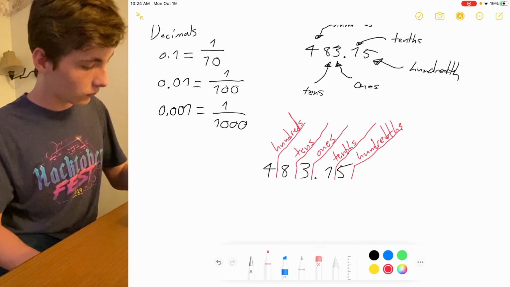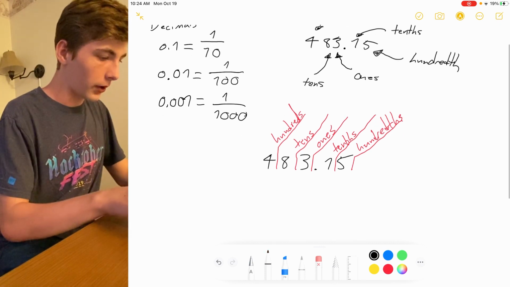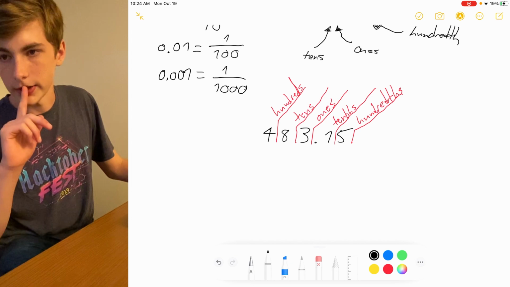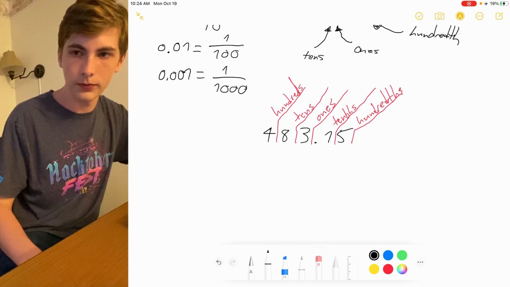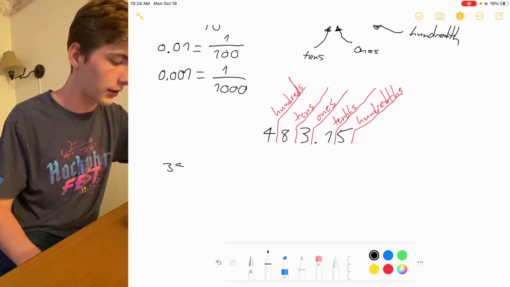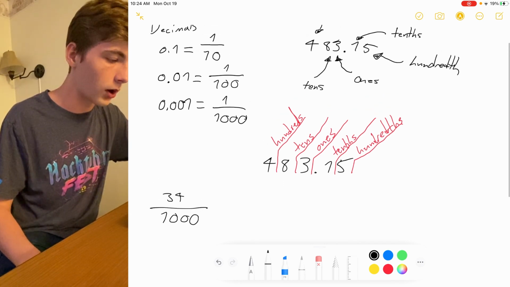So let's do one more example of if I have the fraction 34 over 1,000, right? Because so far I've mostly been using ones on top.